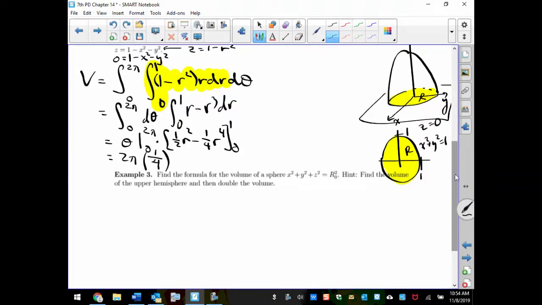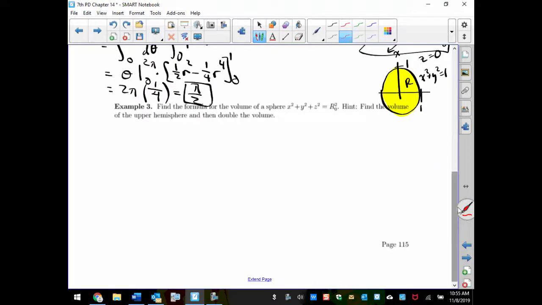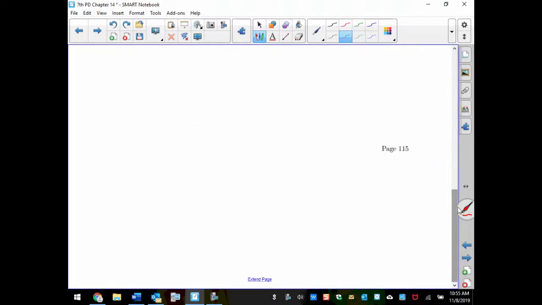Yeah, 1/4. So that's pi over 2. So that would be the volume. So this volume over here underneath the paraboloid, but above the xy plane, should just be pi over 2. Yeah, pretty cool. Okay, let's move on to number 3.